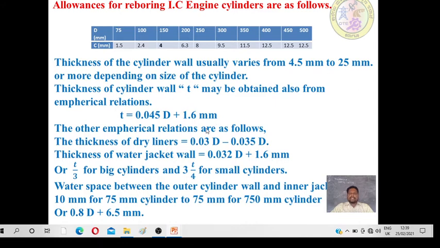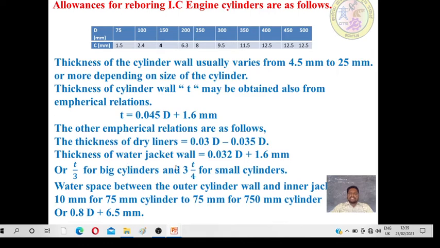The other empirical relations are as follows. The thickness of the dry liners is given by 0.03 D to 0.035 D.